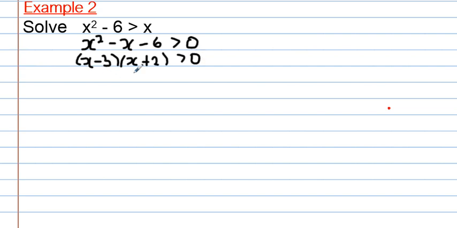Then you equate each bracket and solve. So we have x minus 3 is equal to 0, x will be 3.